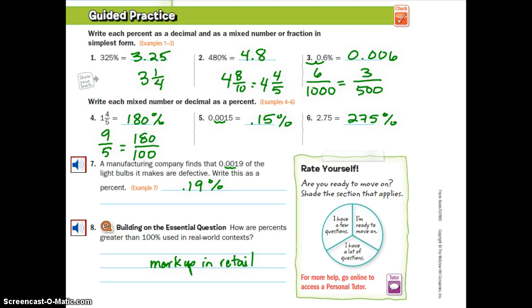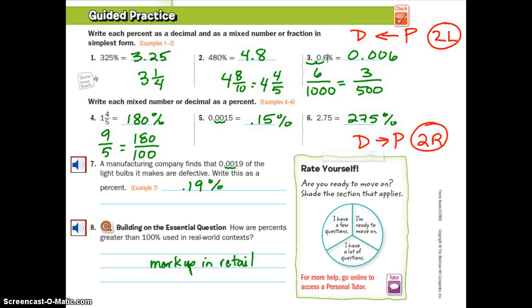Okay, check your answers with mine. And remember that to go from a percent to a decimal is 2 to the left, and from decimal to percent is 2 to the right.